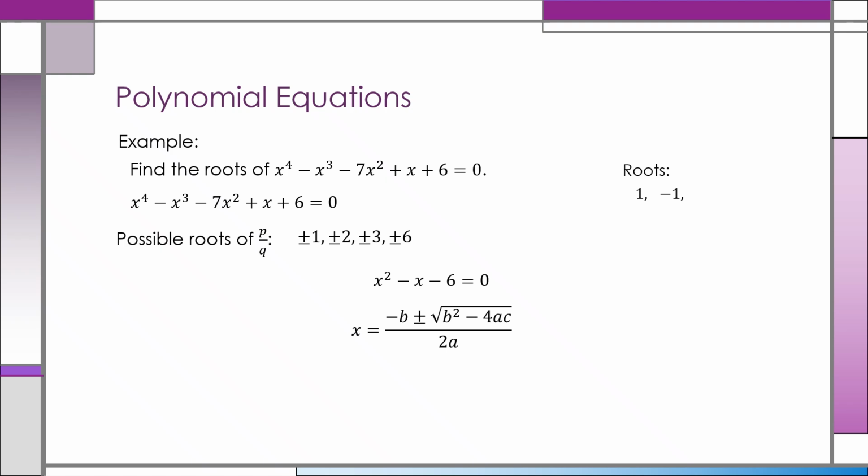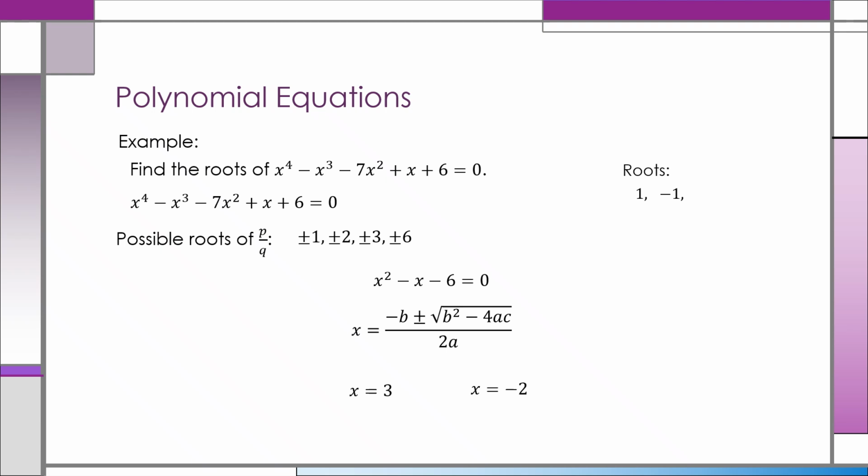Pause this video to solve for the remaining roots. And if you're ready, then please play the video again. Done already? So, if your answer is this, then you're correct. So, the other roots will be 3 and negative 2.